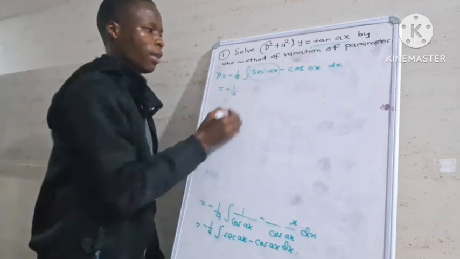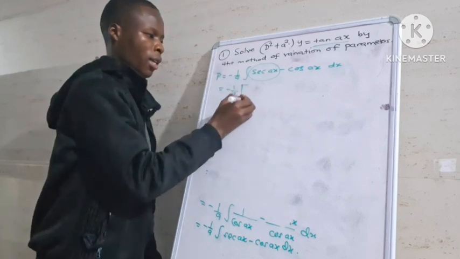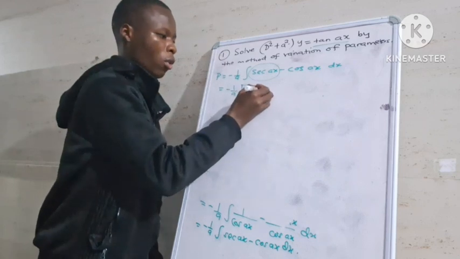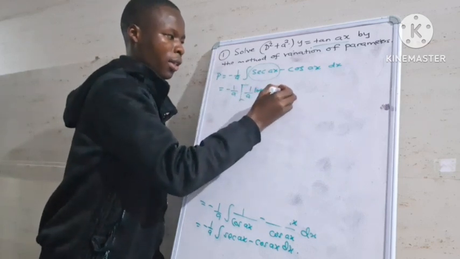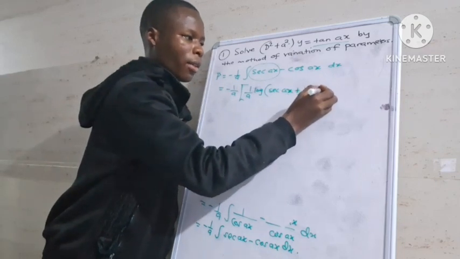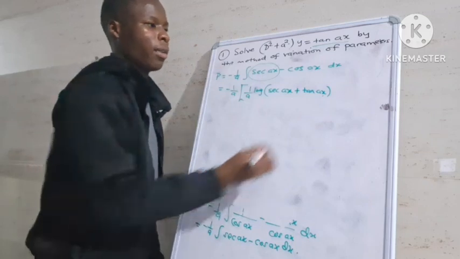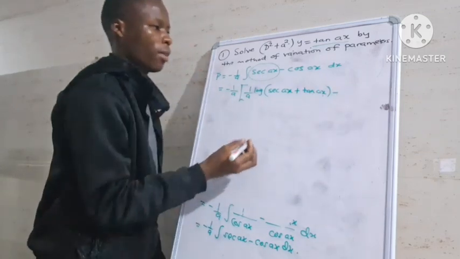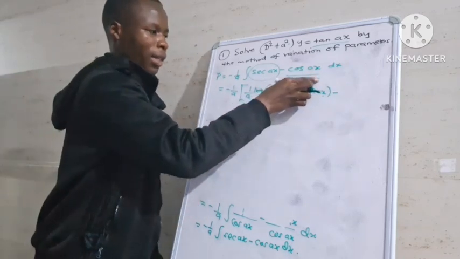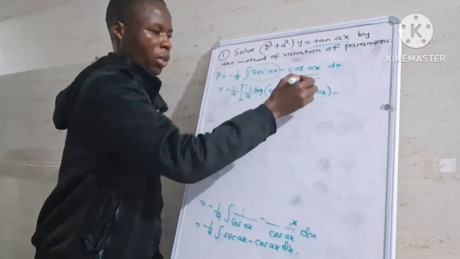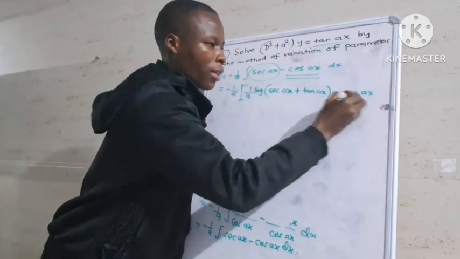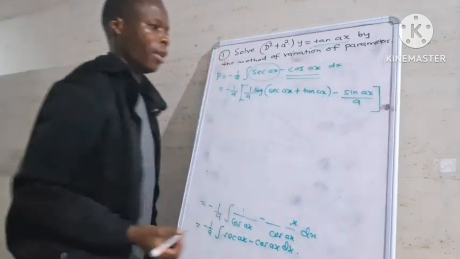If you integrate sec ax, the answer is 1 by a log of sec ax plus tan ax, minus the integral of cos ax, whose answer is sin ax by a.